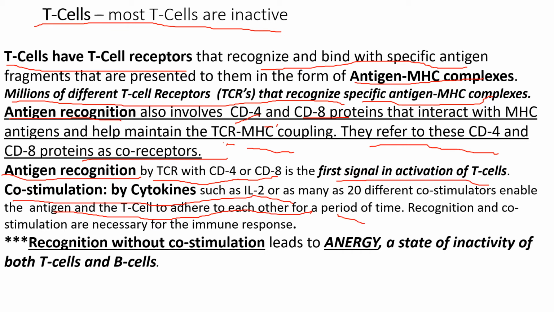Recognition and co-stimulation are necessary for the immune response. Okay, so recognition without co-stimulation leads to anergy. That's a state of inactivity of T cells and B cells. We don't want that, right? We need to have that co-stimulation there.